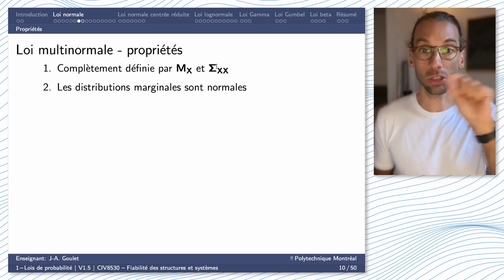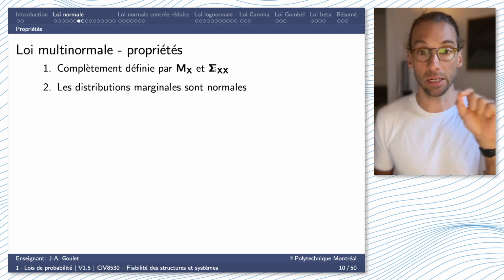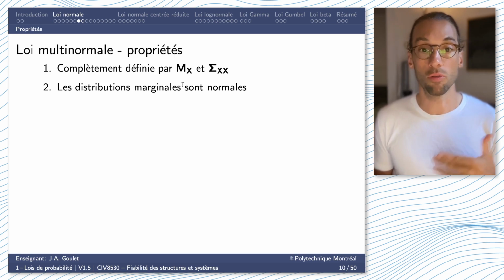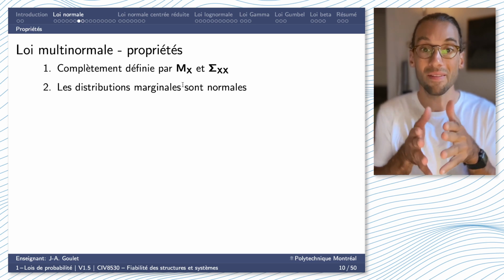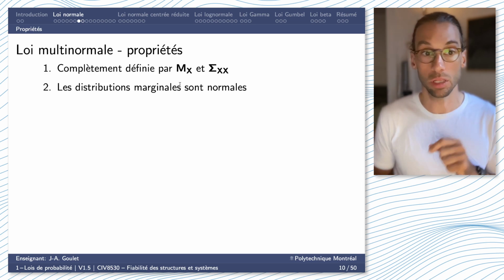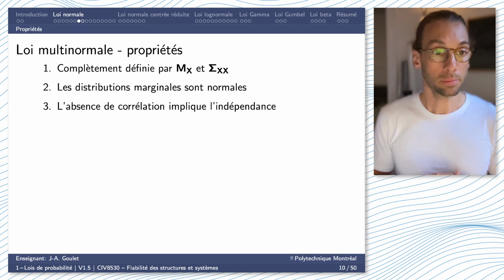I can directly extract the expected value, or mean value, and standard deviation from these two. And that's going to directly give me the parameters for my marginal distribution. So I have access to my marginal without needing to integrate. And this is really powerful. We're going to use this property later on.